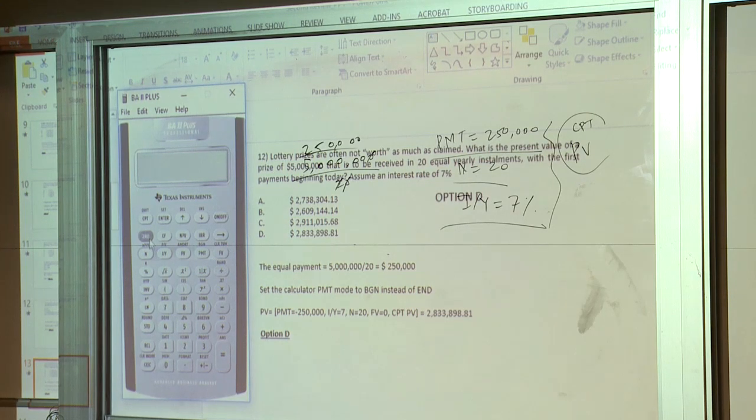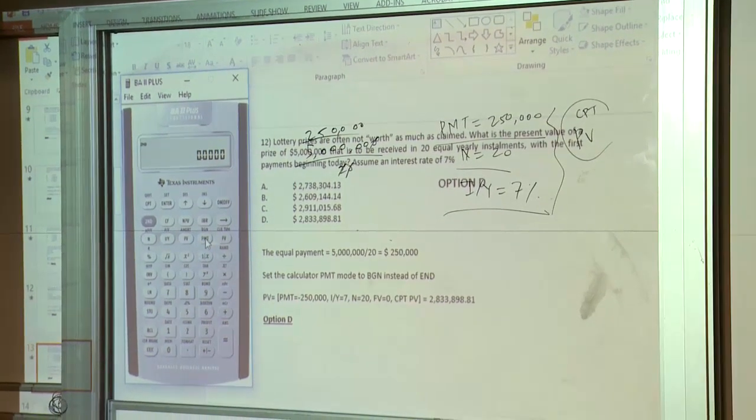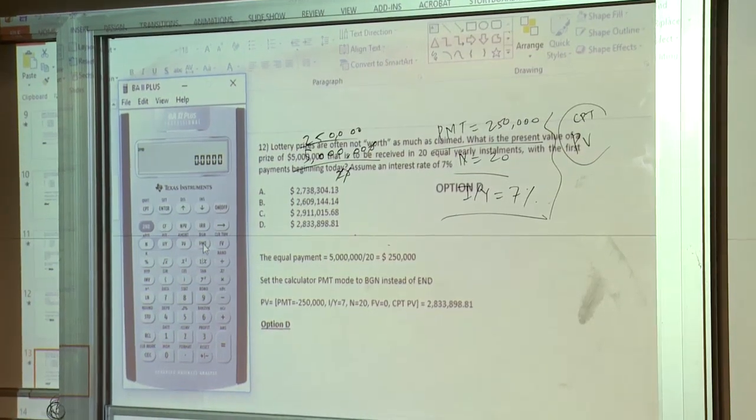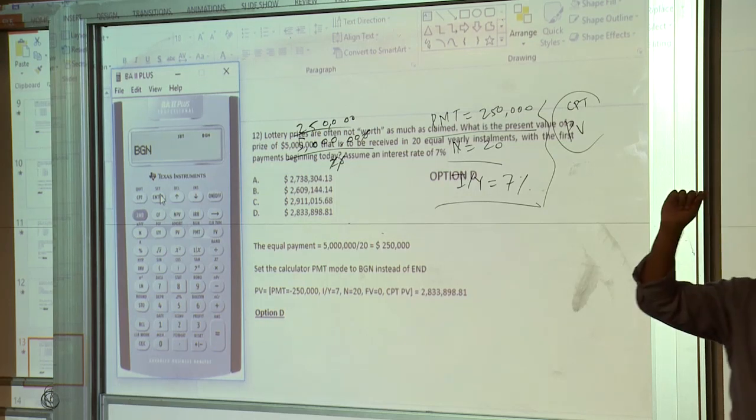So to do that, let's try to change the setting on your calculator. You click on the second button first, and then you can see the PMT button. On top of the PMT button, you can see a small BGN written. The BGN stands for begin. So you click on second, then PMT, then you click on second again, and you click on enter. If you do that, now you can see a small BGN written on the top line of your calculator.